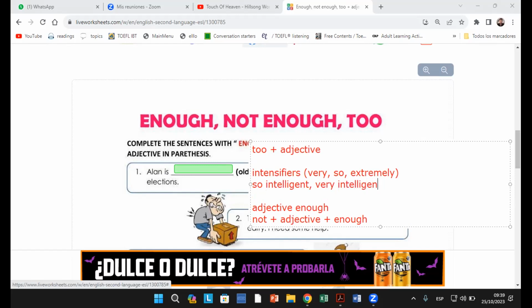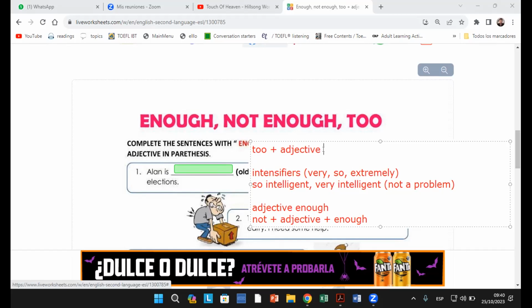The word much indicates not a problem. Okay, are you listening? So I can say very, very expensive. No, it's not a problem. It's very expensive. Estoy enfatizando que es demasiado caro, pero no, it's not a problem. But if I say too expensive, es demasiado caro. It indicates a problem.